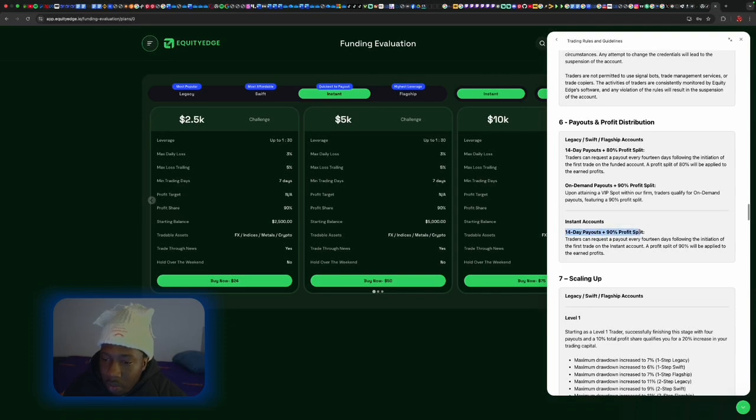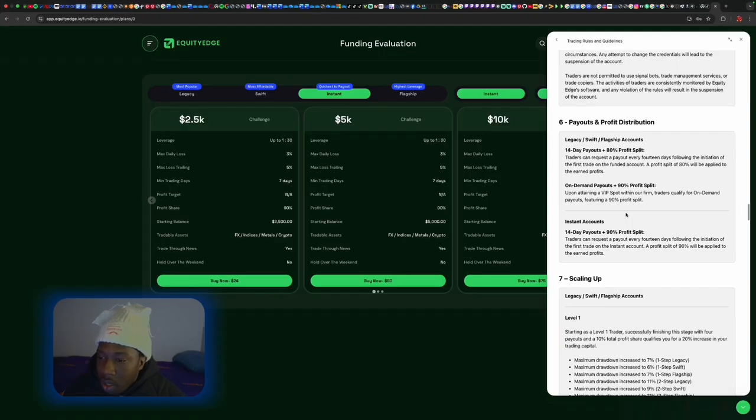And instant accounts, payouts and distribution. Instant accounts: 14 day payouts plus 90% profit split. Traders can request a payout every 14 days following the initiation of the first trade on the instant account.